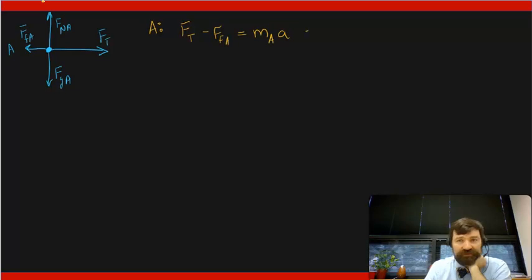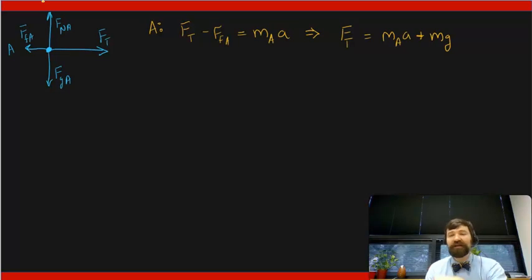And you could further that by essentially saying that the force of tension is equal to mass A times acceleration plus this friction force, which should be the normal force, which we established earlier, it's a flat table, so it is equal to the weight. So mass A times g times the coefficient mu kinetic friction.